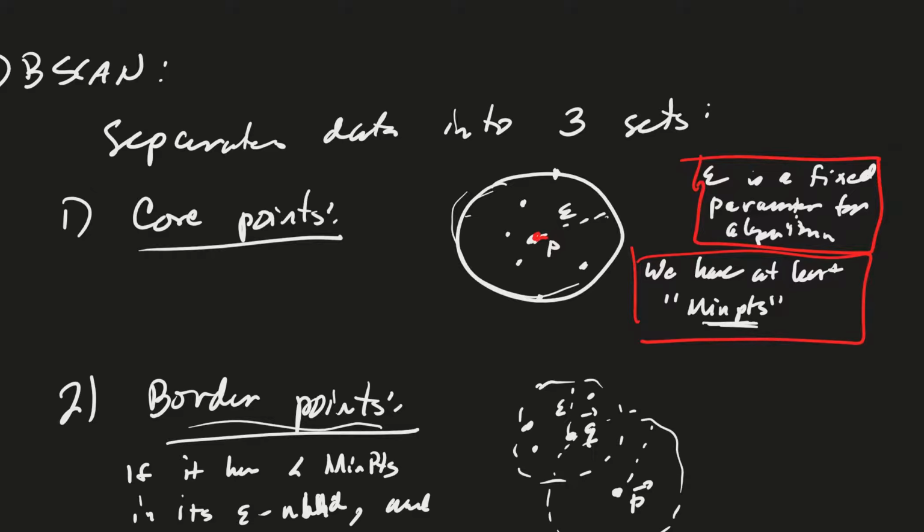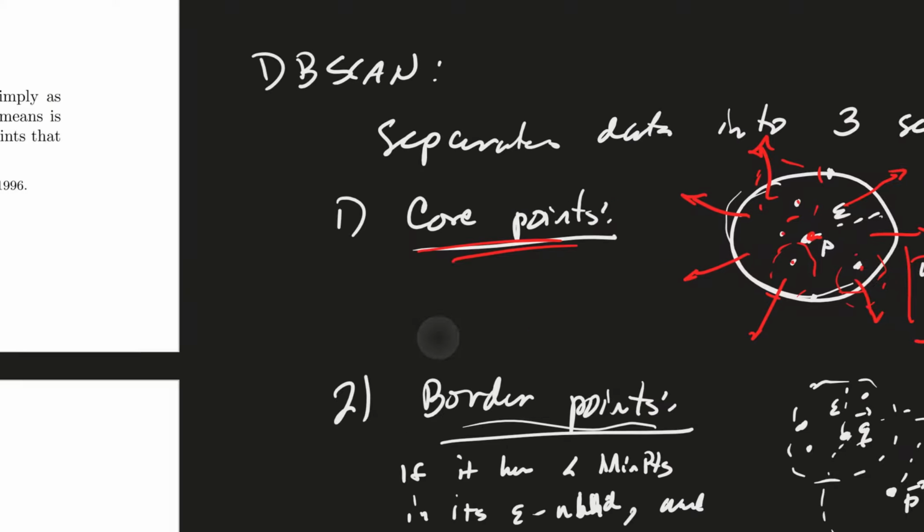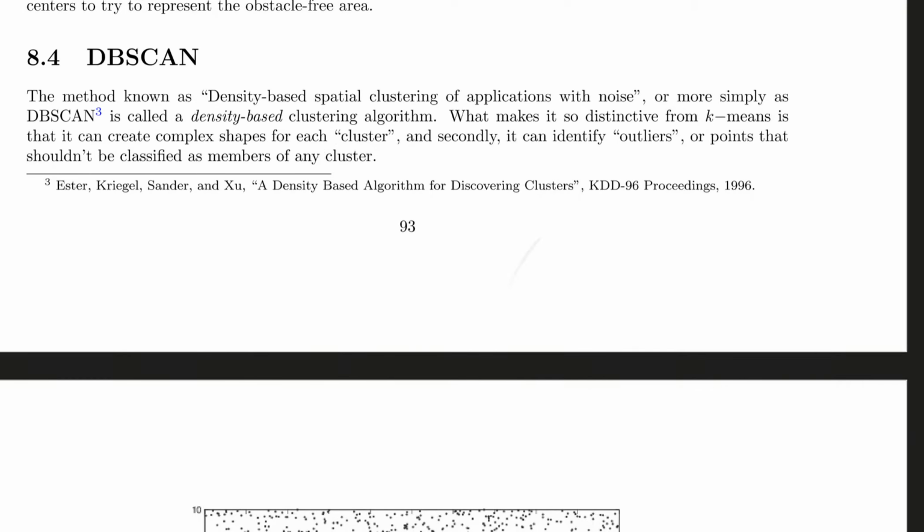If it is a core point, we're going to start looking at each of the points within the epsilon neighborhood and check to see if those are also core points. The way this is going to work is we're just going to be expanding this cluster out, using this idea of a core point. In order to do that, there are a couple of ideas that are really important.